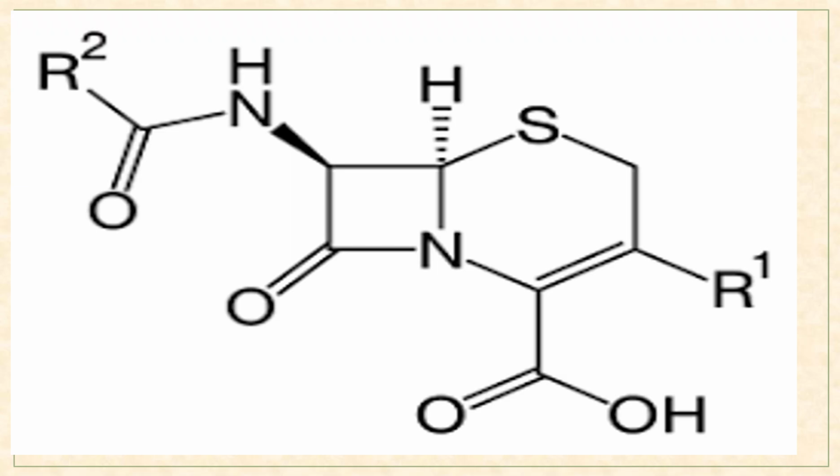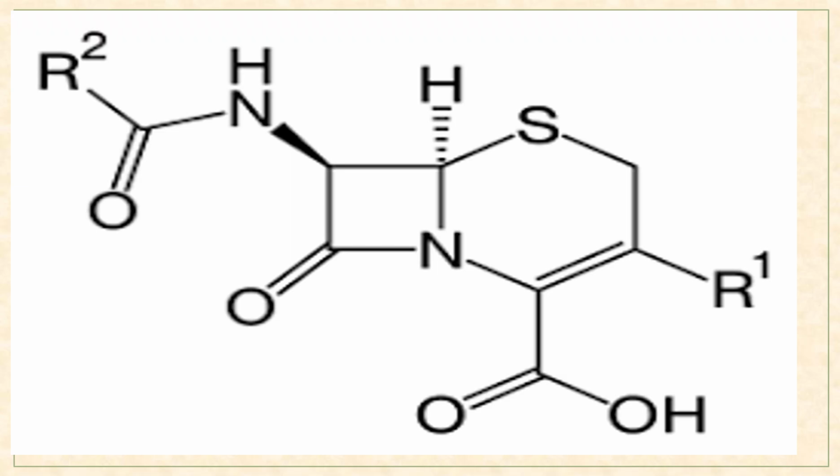Now we will see the structure of cephalosporins. What is the structural difference between cephalosporins and penicillins? In penicillin, the beta-lactam ring is fused to a thiazolidine nucleus, and in cephalosporins, the beta-lactam ring is fused to a dihydrothiazine nucleus.